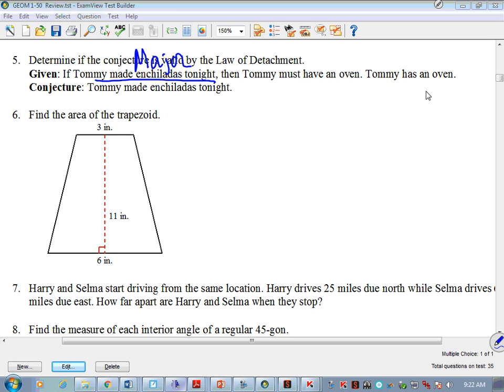My minor statement is owning an oven. Now, I can only really make a statement based upon the major. I can't make a statement based upon the minor, right? Tommy has an oven, making the conjecture, therefore, Tommy made enchiladas tonight.